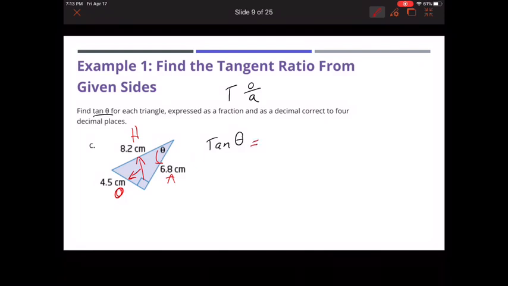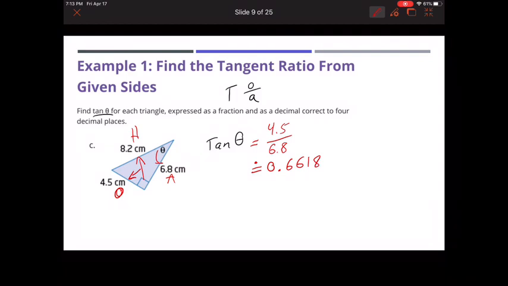So we end up with 4.5 divided by 6.8. So we've switched them because we've switched which angle it's going to be. And this is approximately 0.6618. So that's all to those questions.